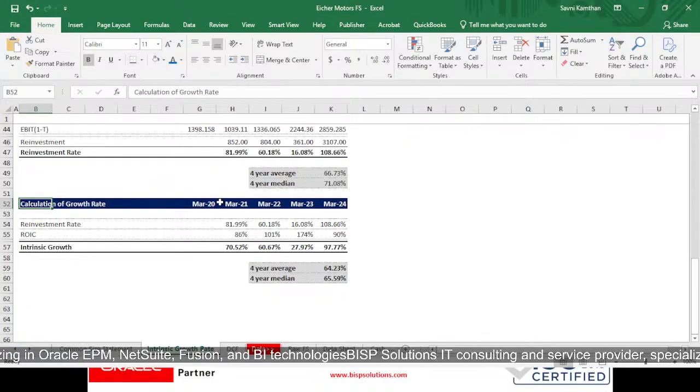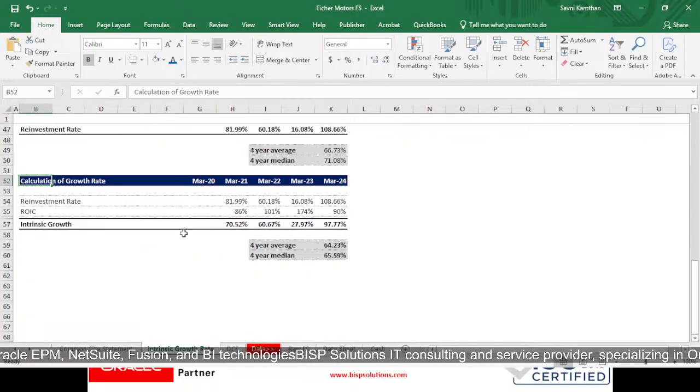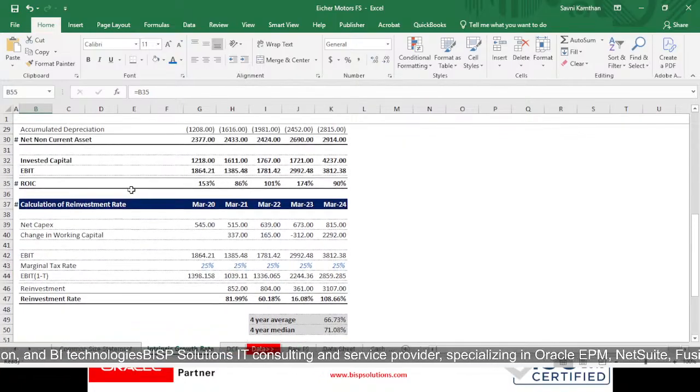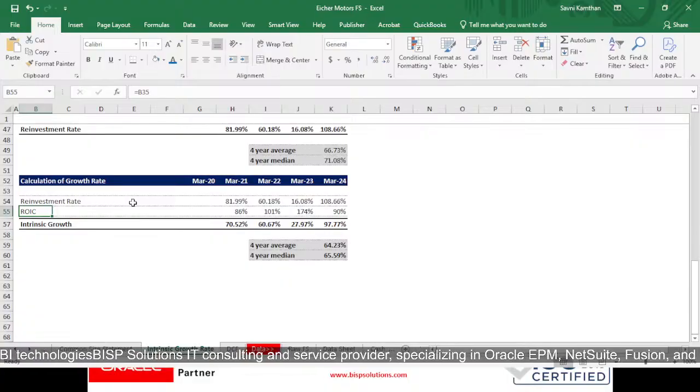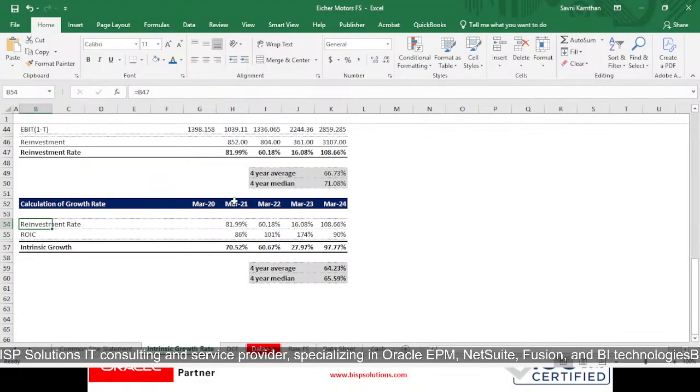Then coming to our calculation of growth rate, March 20 will be the same as here. Now I have taken two topics over here, reinvestment rate and ROIC, which we have already calculated above. In reinvestment rate, we have taken the one we calculated in our previous session.